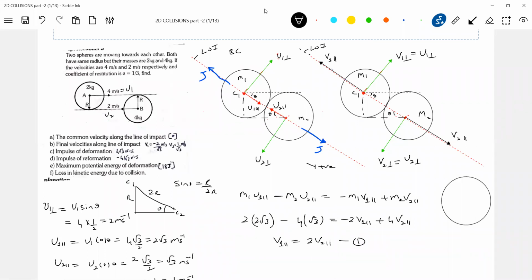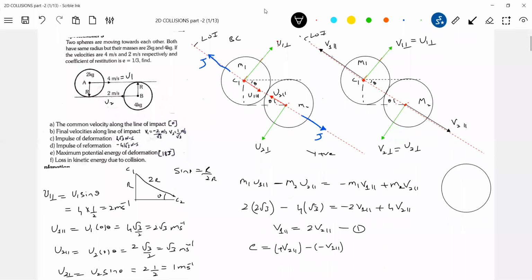So let me apply the coefficient of restitution formula. e is equal to v2 parallel minus v1 parallel, divided by u1 parallel minus u2 parallel. v2 parallel we don't know. Minus of minus, this will be v1 parallel divided by u1 parallel, which is 2 root 3, plus u2 parallel, which is root 3.